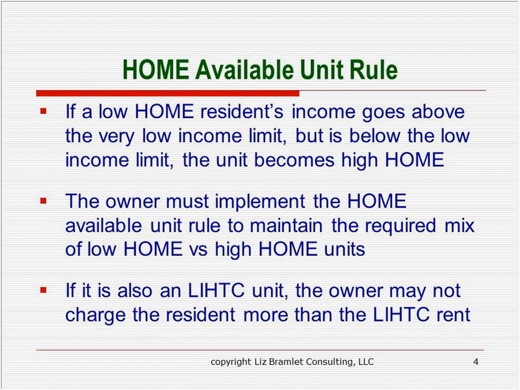The owner then has to implement the HOME available unit rule to make sure that they bring the project back into compliance and maintain the required mix of low HOME and high HOME units.